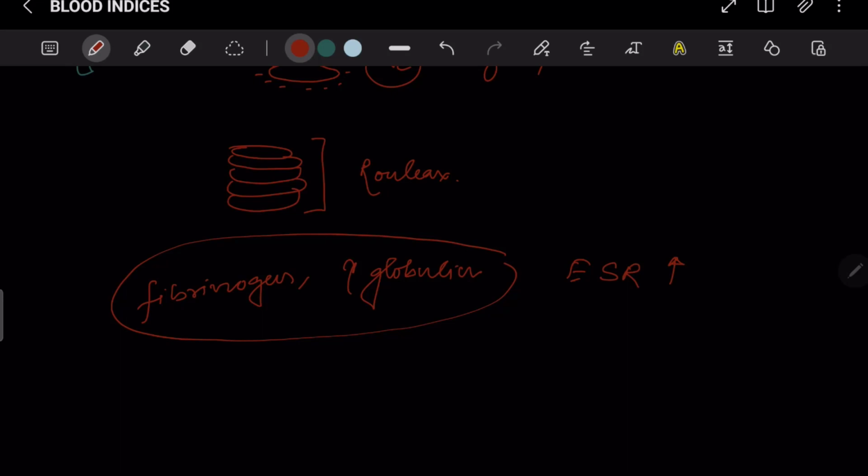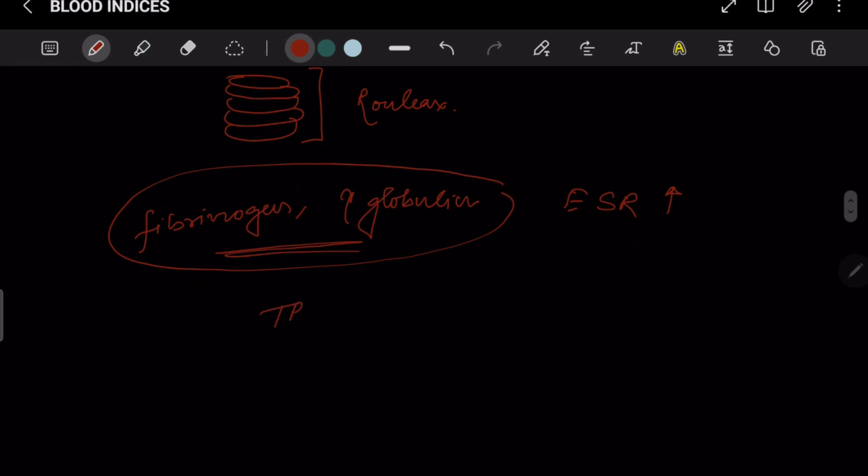So the conditions in which such proteins are increased in the plasma will therefore exhibit an increase in the ESR. And these proteins increase in conditions like tuberculosis, malignancy, anemia, rheumatoid arthritis, and so on.